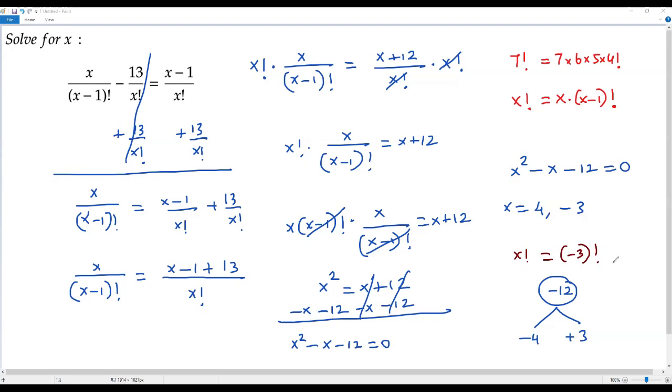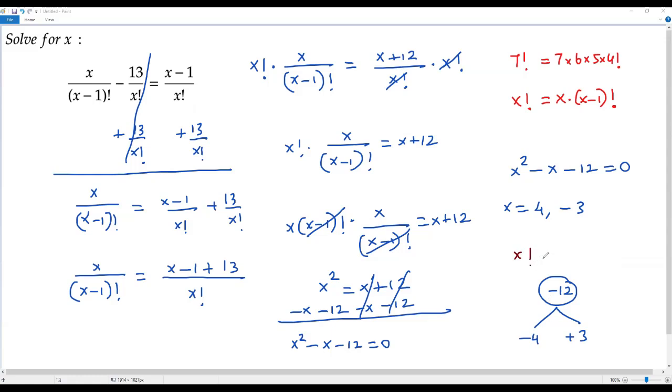The factorial can always be applied only for whole numbers, I mean, for the numbers 0, 1, 2, 3, 4. That is 0 and all positive integers. So factorial can never be applied for negative integers. So negative 3 will not work because here we have x factorial. If I take x equals negative 3, it will become negative 3 factorial. So it's meaningless.